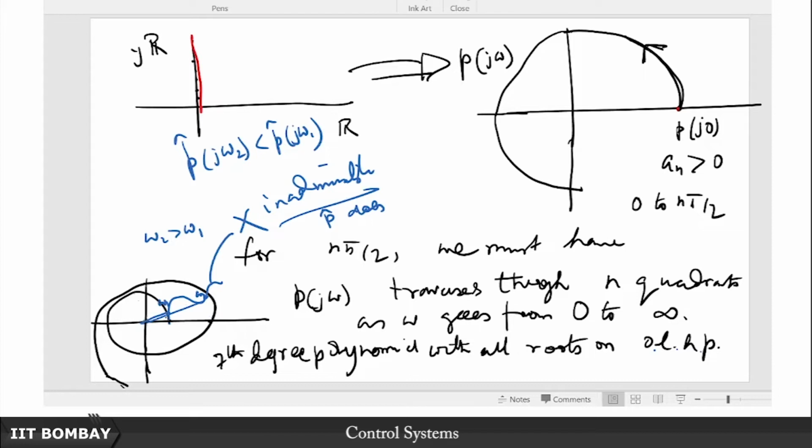So of course it can be the plot of a polynomial, but then what you might deduce about that polynomial is that it does not have all its roots in the open left half plane.